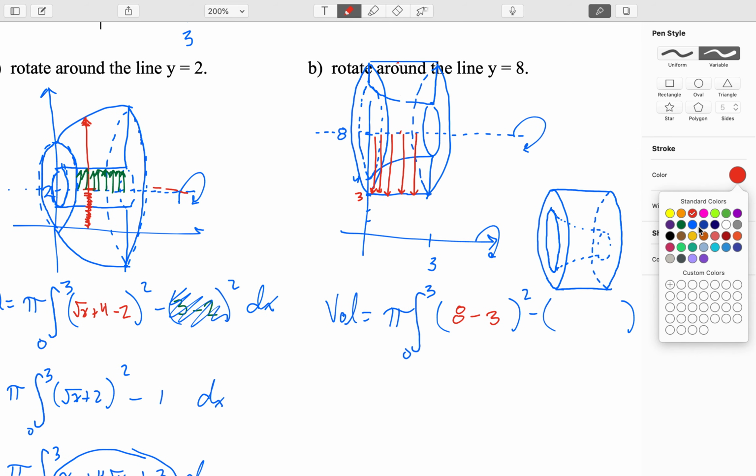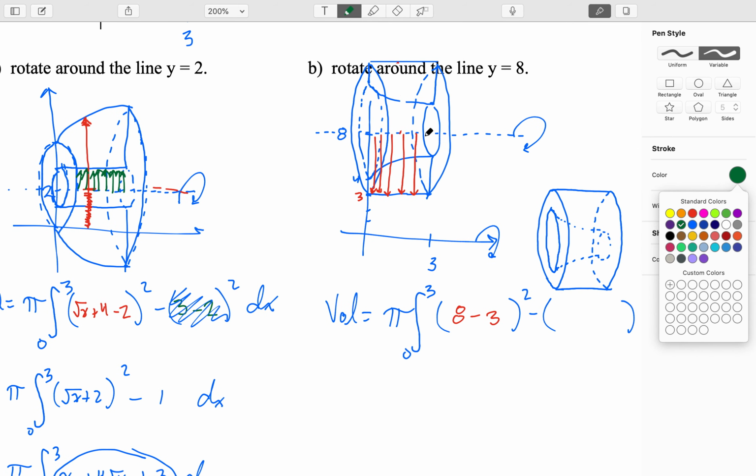Okay, next. It's from the center, the axis of rotation, down to the curve. Now, I don't know that. I do know that the distance from the x-axis up to here is the curve. That's the function, right? It's the function from the x-axis up.